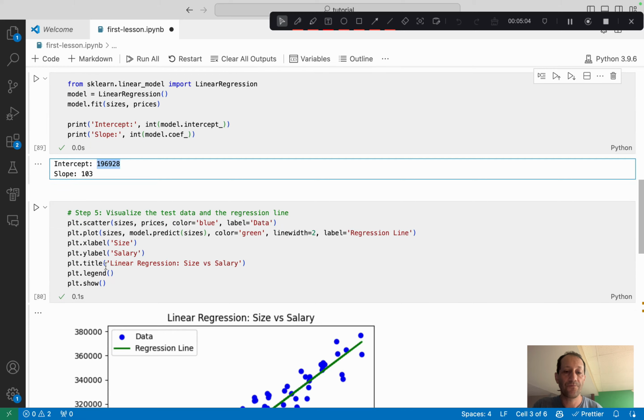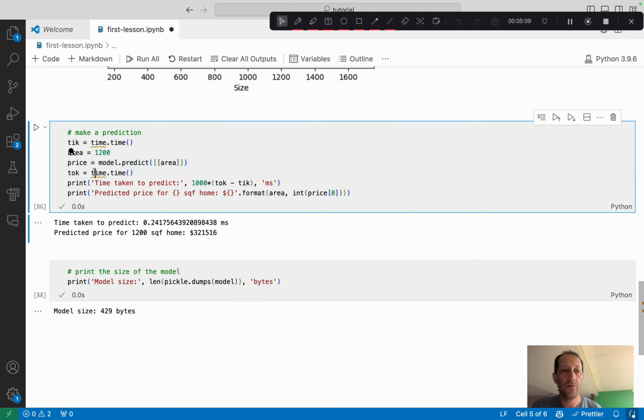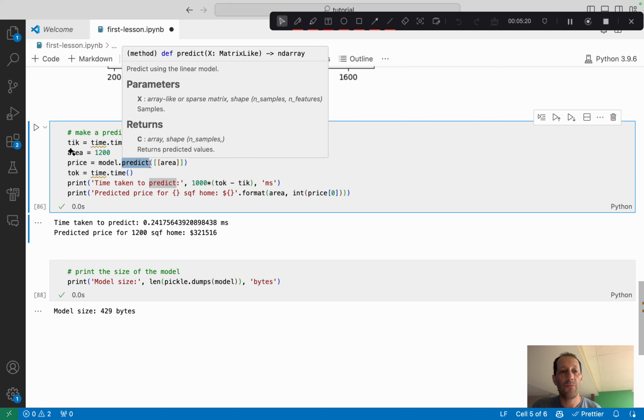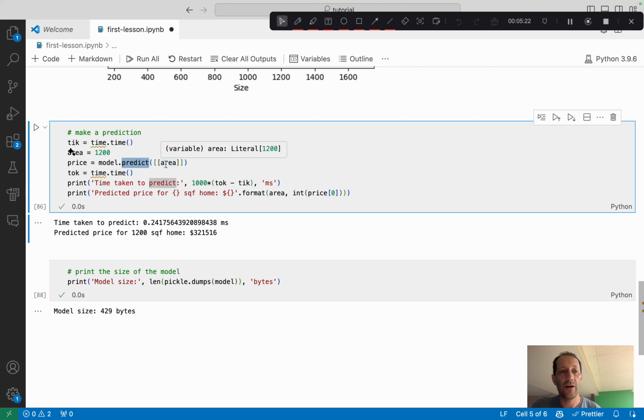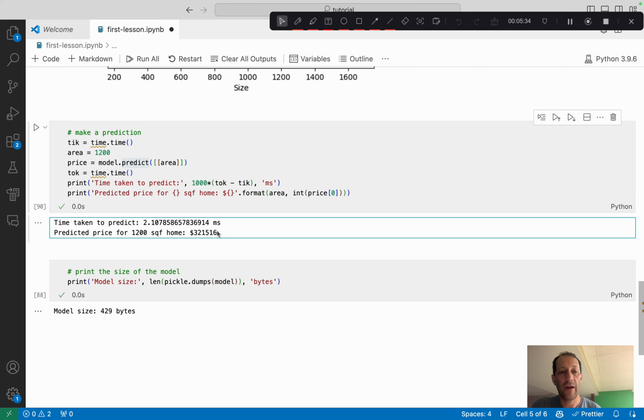And here, I'm going to make a prediction for you. So suppose the size of the apartment is 1,200 square feet. You call that model, you ask the model to make a prediction: predict the price of an apartment where the area is 1,200 square feet, and then print it. And it tells you the predicted value is $321,000.